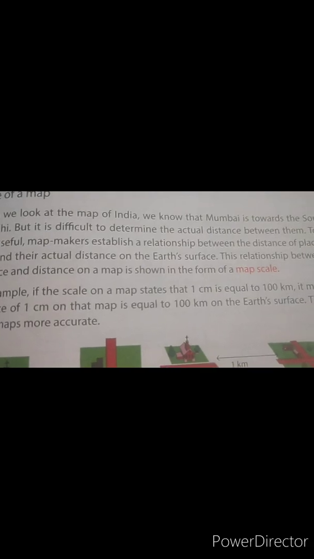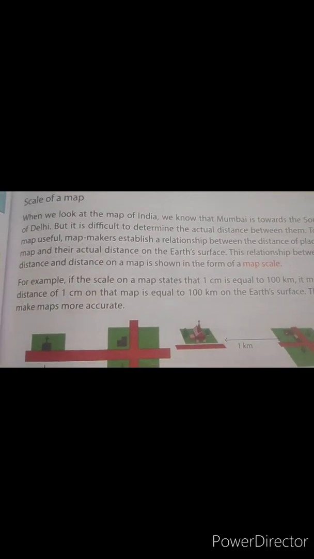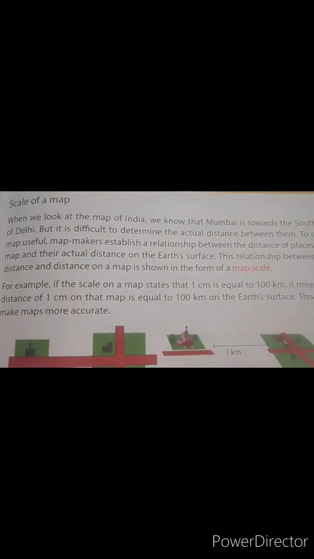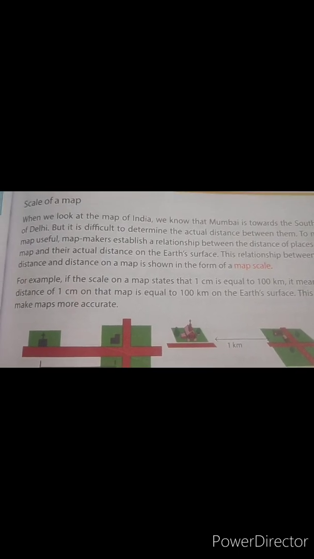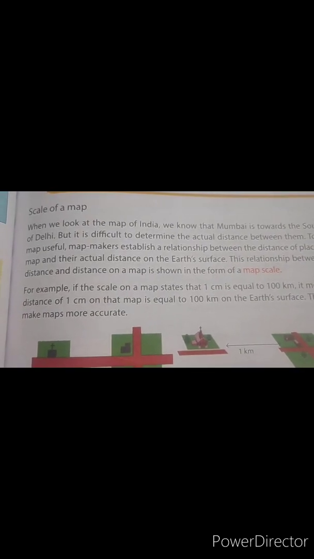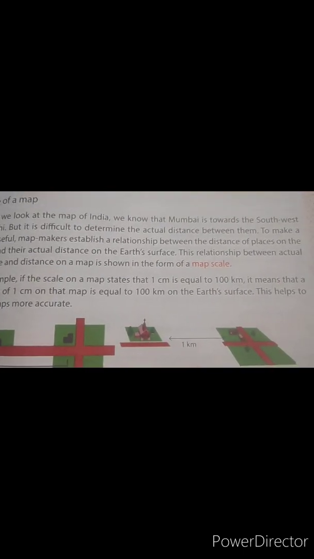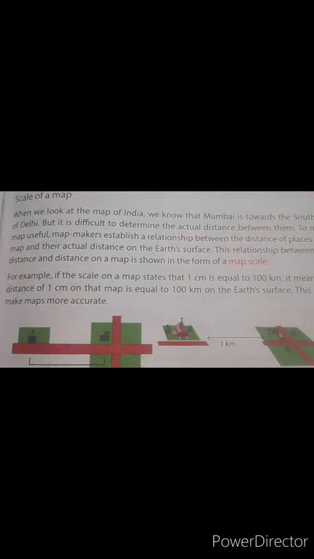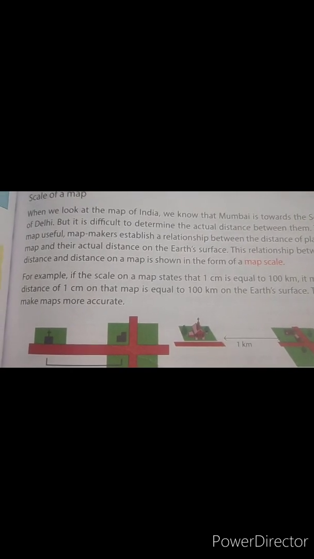But it is difficult to determine the actual distance between Mumbai and Delhi. To make a map useful, map makers establish a relationship between the distance of places on the map and their actual distance on the Earth's surface.